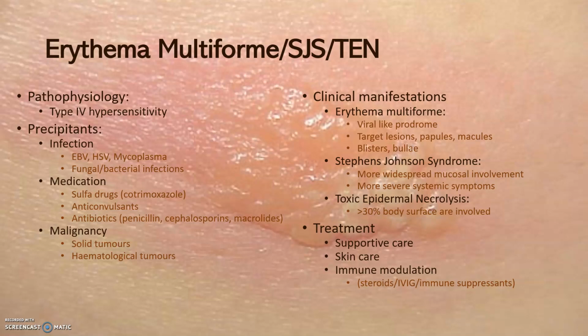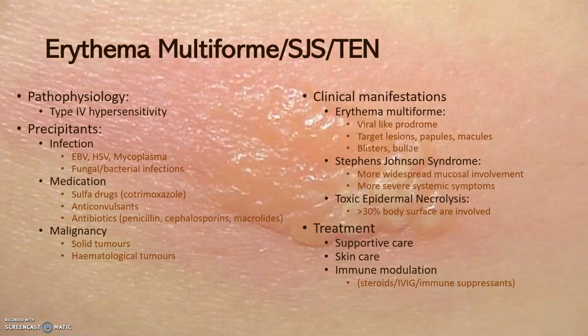It is associated as one of the commonest drugs that causes this complex, erythema multiforme Stevens-Johnson syndrome, hemolytic anemia, and aplastic anemia. Some malignancies may also cause erythema multiforme, such as certain solid tumors, but more so hematological tumors such as lymphomas and leukemias.